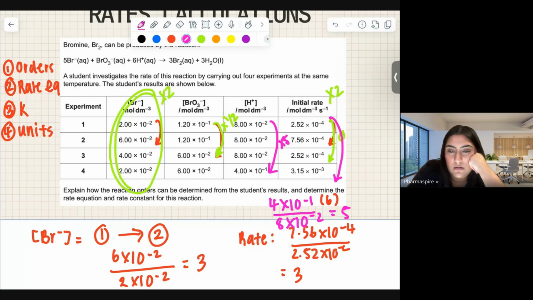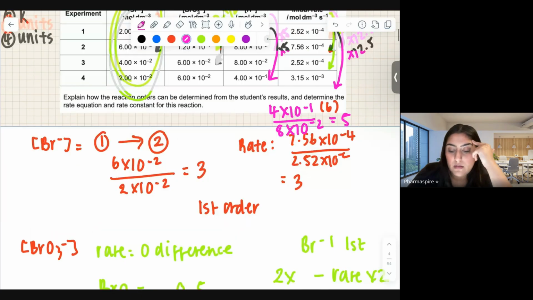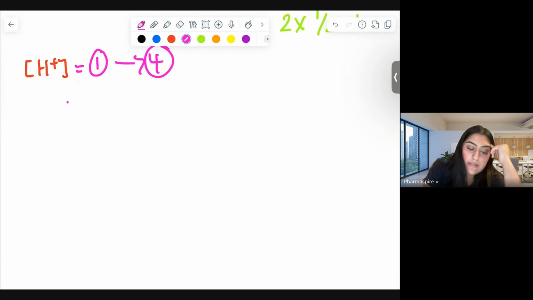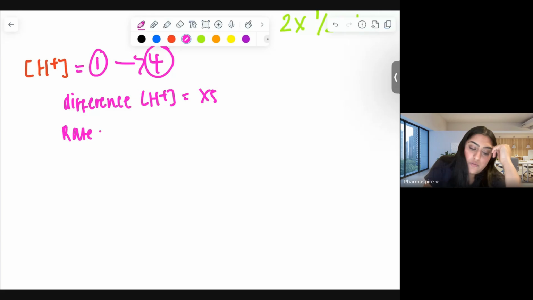Now do the rate. Yeah, 12 and a half. Perfect. Well done, guys. So we've got our difference for the concentration of H plus is times by 5, and our rate equals 12 and a half.